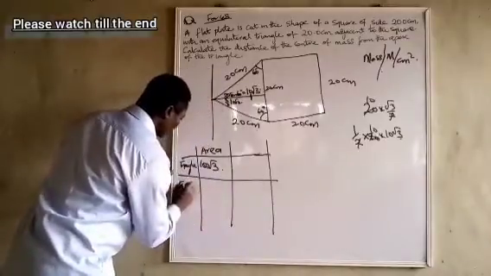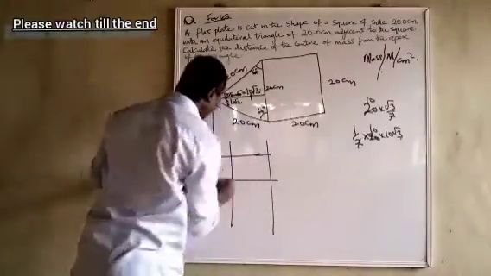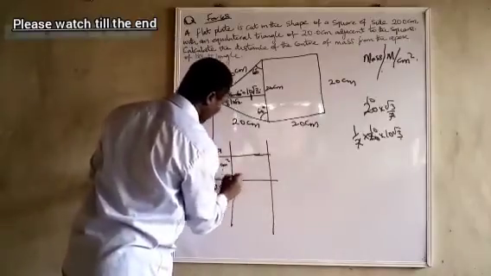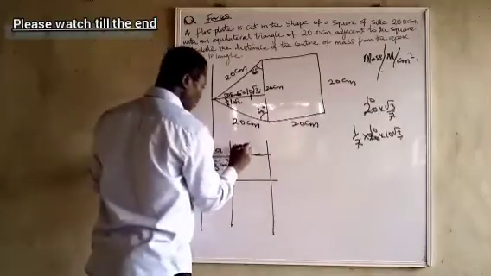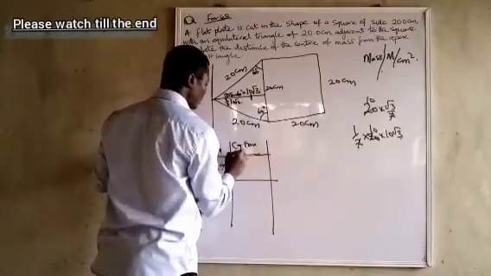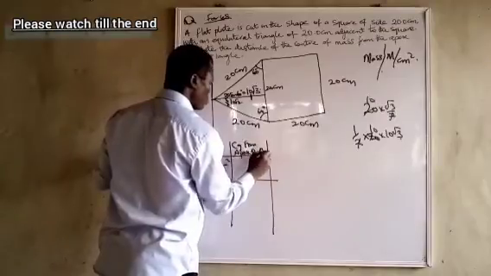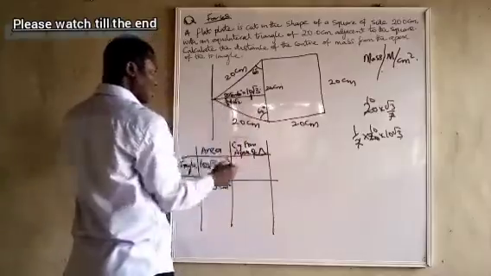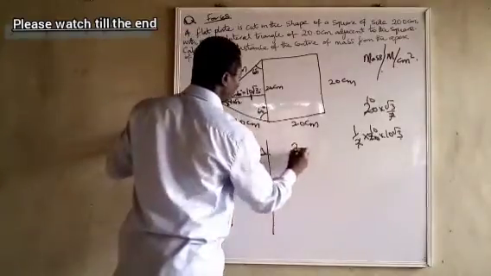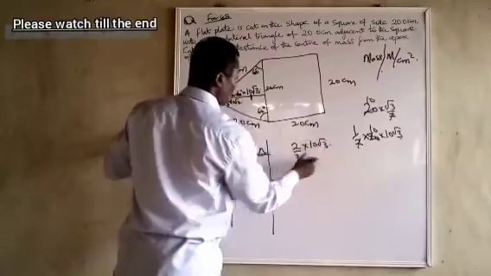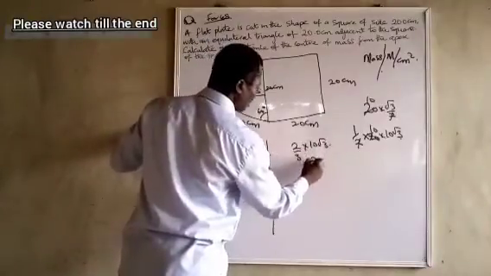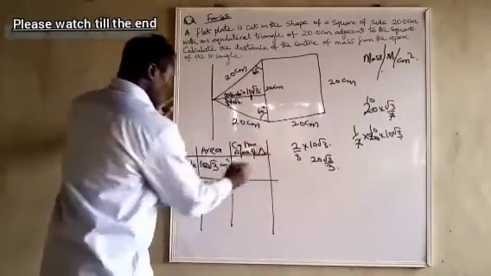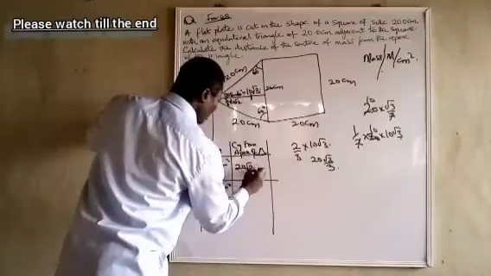The area of the square is 20 times 20, and that is 400 cm squared. Now, the distance of the CG from the apex of the triangle is 2 over 3 times the perpendicular height, which is 2 over 3 times 10 root 3, so this is 20 root 3 over 3.